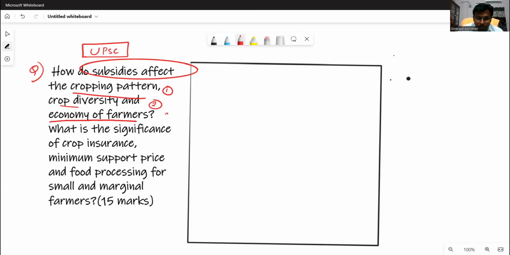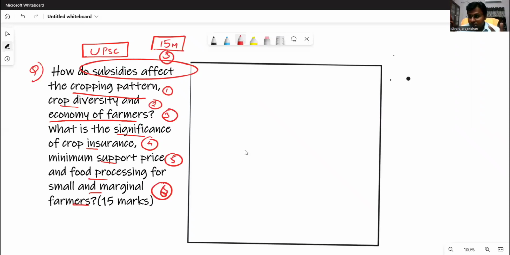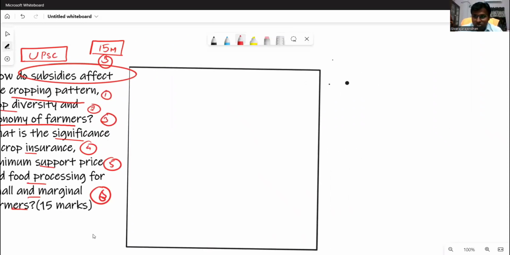Then the significance of crop insurance, fourth; minimum support price, fifth; food processing and small, sixth. This 15-mark question, a 3-page question, has how many parts? Six parts. That means three pages, not two parts in one page that you have to write.